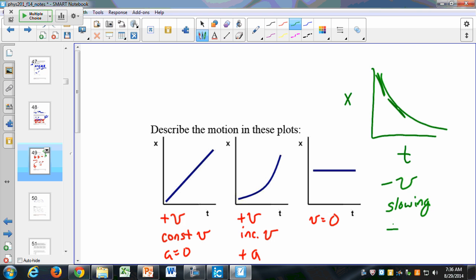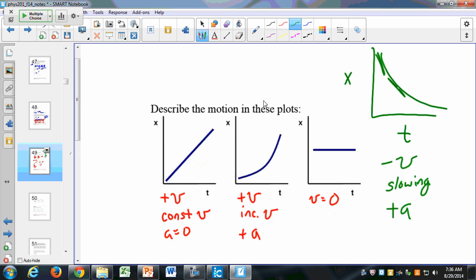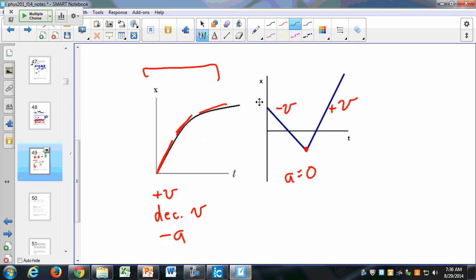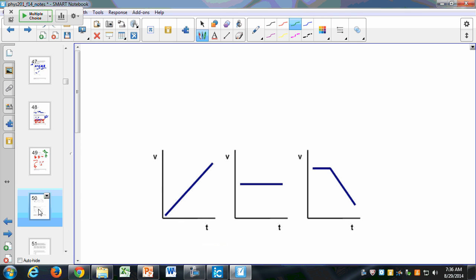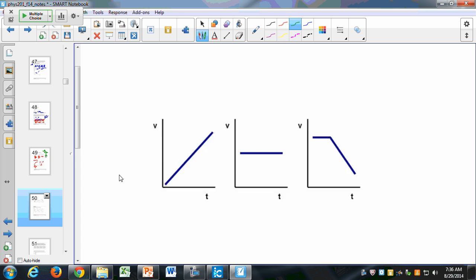Because the acceleration has to be in the opposite direction of the velocity since it's slowing down. So the object shown by this graph would have a positive acceleration. So the slope of a position versus time graph describes the velocity, but there's also acceleration information there as well.